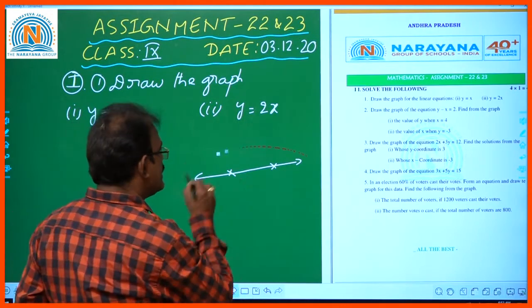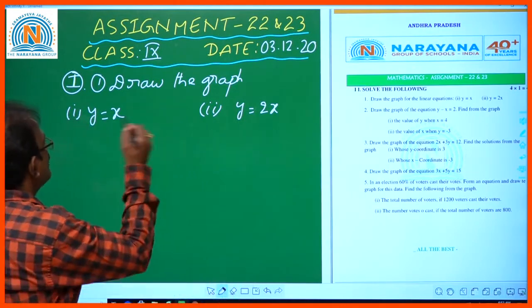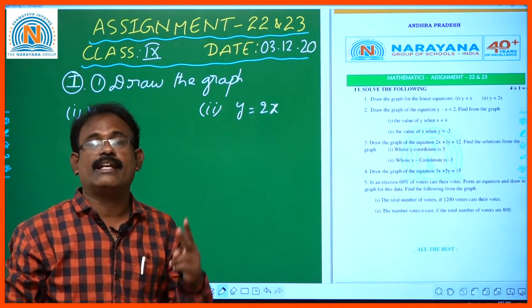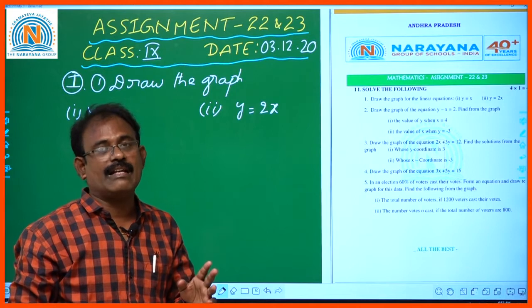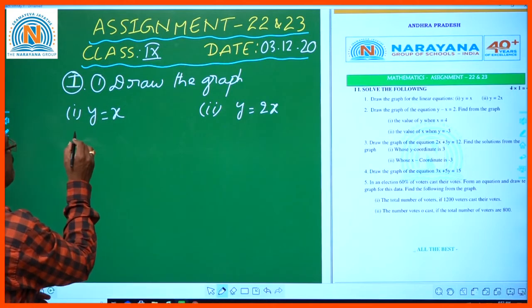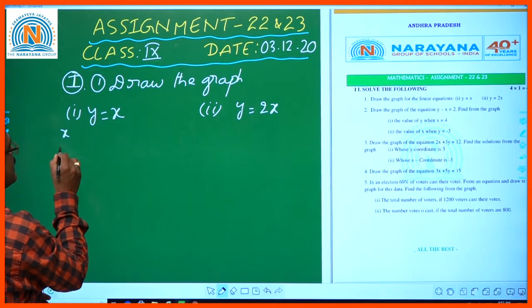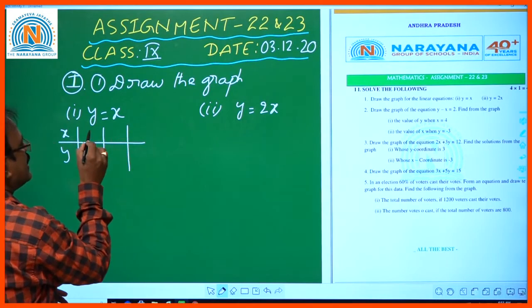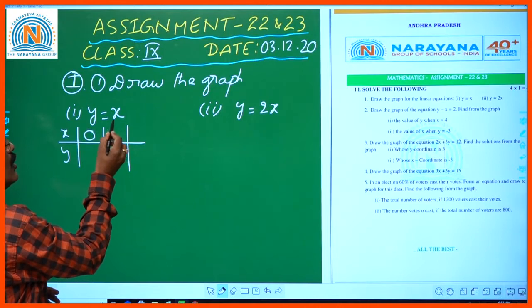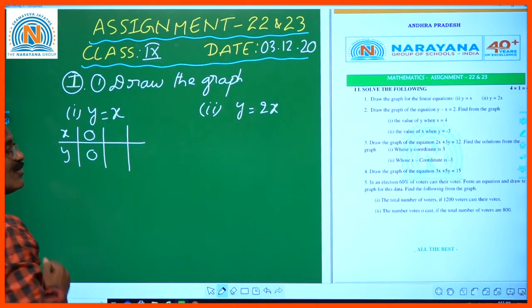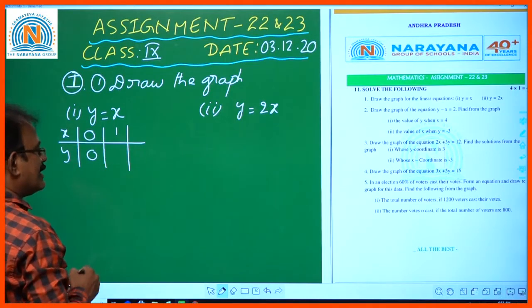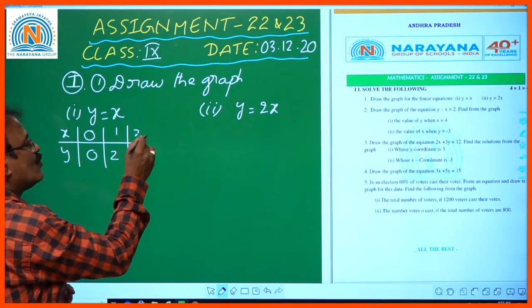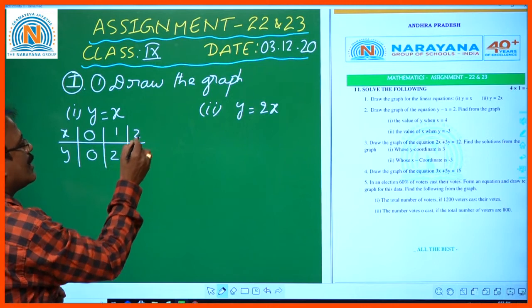So see this, for example, y is equal to x. As I said, 2 points are enough to draw the line. So let us see, x, y. If x is 0, as both are the same, y is also 0. If x is 1, y is also 1. If x is 2, y is also 2.